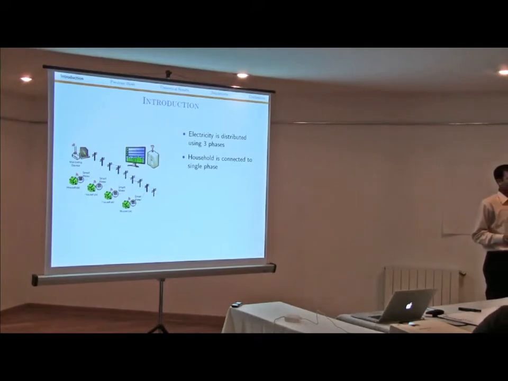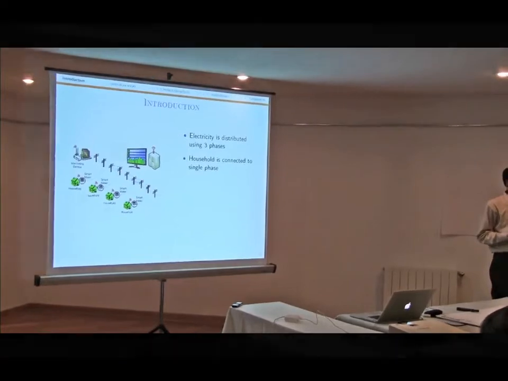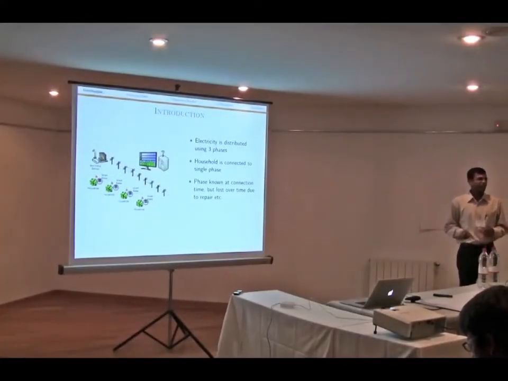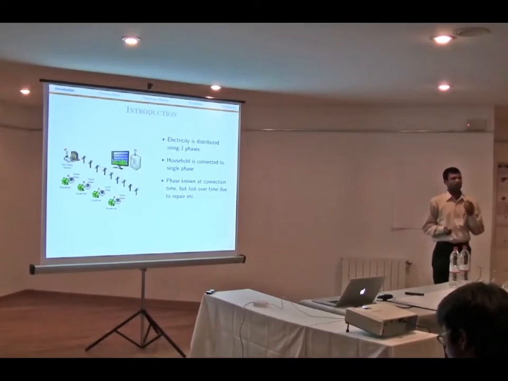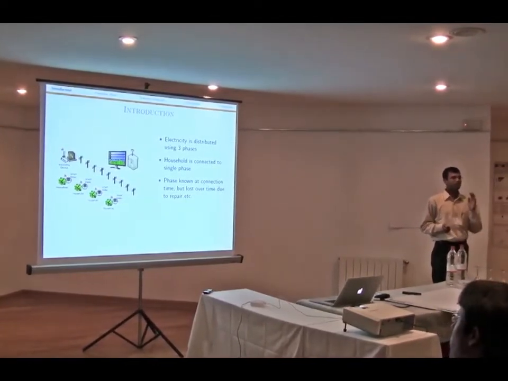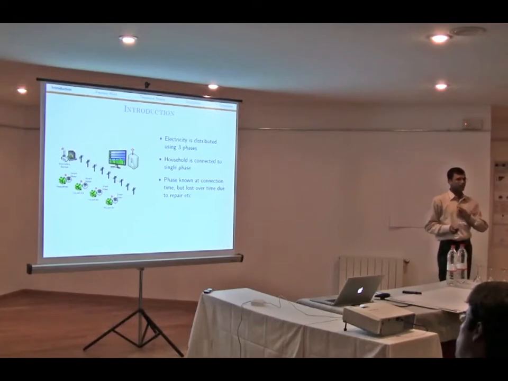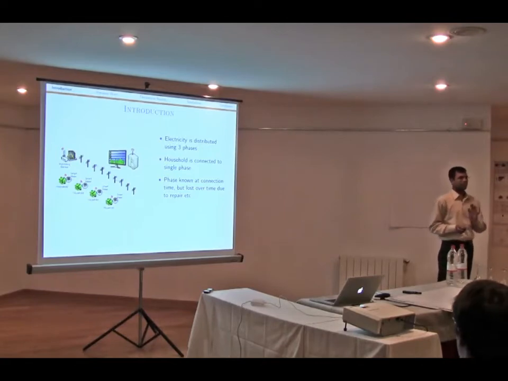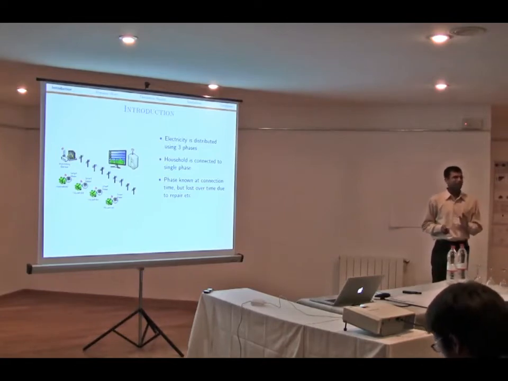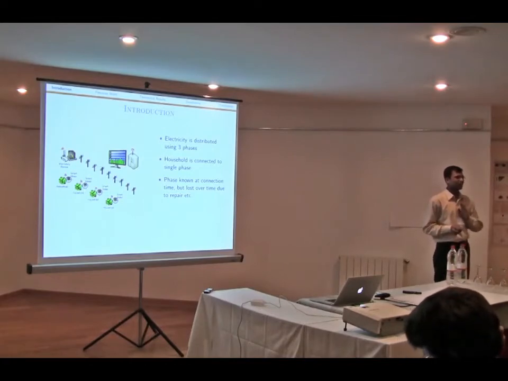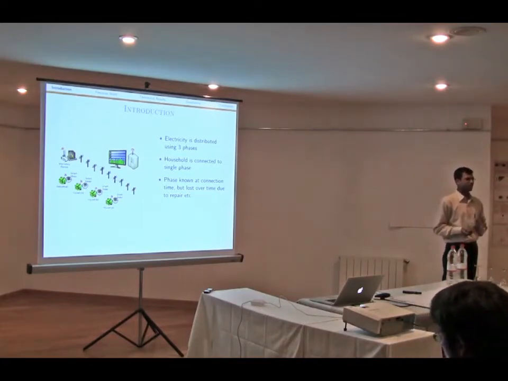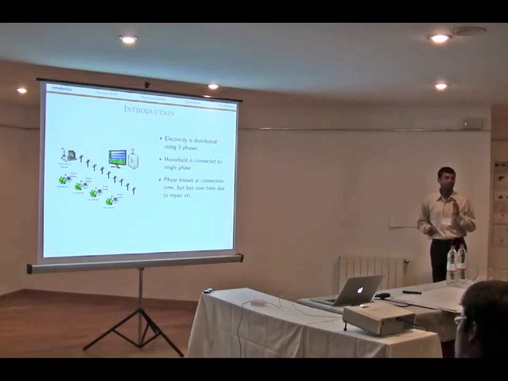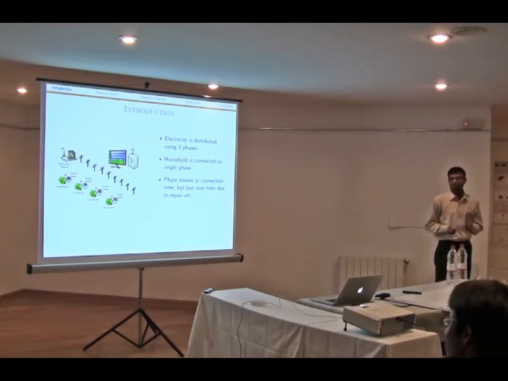But after a certain number of repairs, or for some other reasons, this phase assignment gets changed, and the distributor doesn't know about that. But the distributor should have the phase assignment information, because this helps in reducing the imbalances. If there is an imbalance in the phase loads, then there is a huge loss. So to make the phase imbalance loss very low, he has to know exactly which house is connected to what phase. So in this problem, we are going to solve this phase assignment problem.